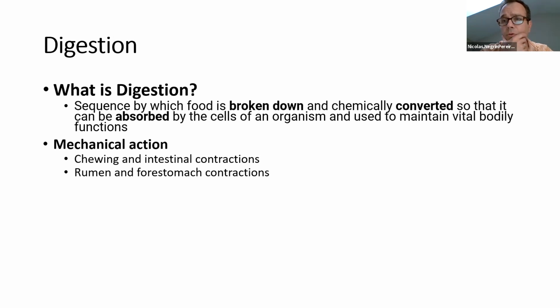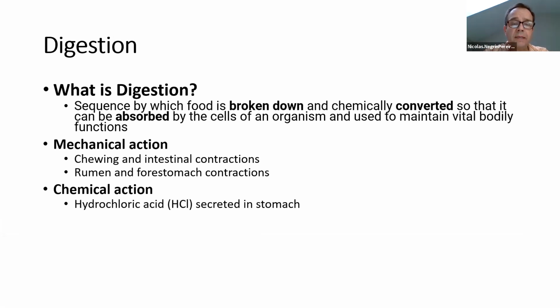One of the things we normally do, especially with cattle, is we monitor in the flank of the animal the contraction of the rumen. That gives us an idea of how healthy the gastrointestinal tract is when we assess that. So then we have a chemical action, which is mainly done by the hydrochloric acid secreted in the stomach.